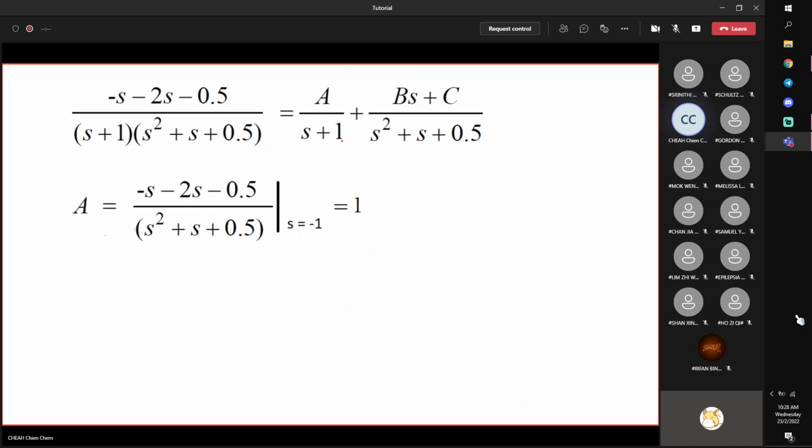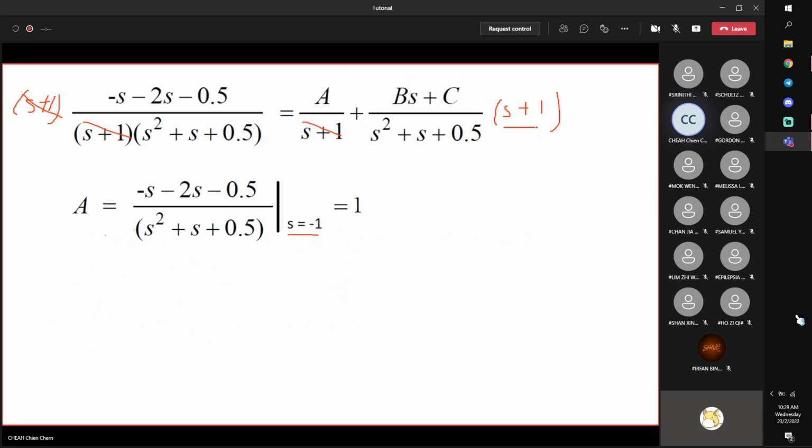Now, firstly, let us find A. If you multiply both sides of the equation by s plus 1, then this one will cancel out, then this will multiply by s plus 1, and you put s equal to -1. Remember, I said you can put any value, but if you put it directly, you're dividing by 0.